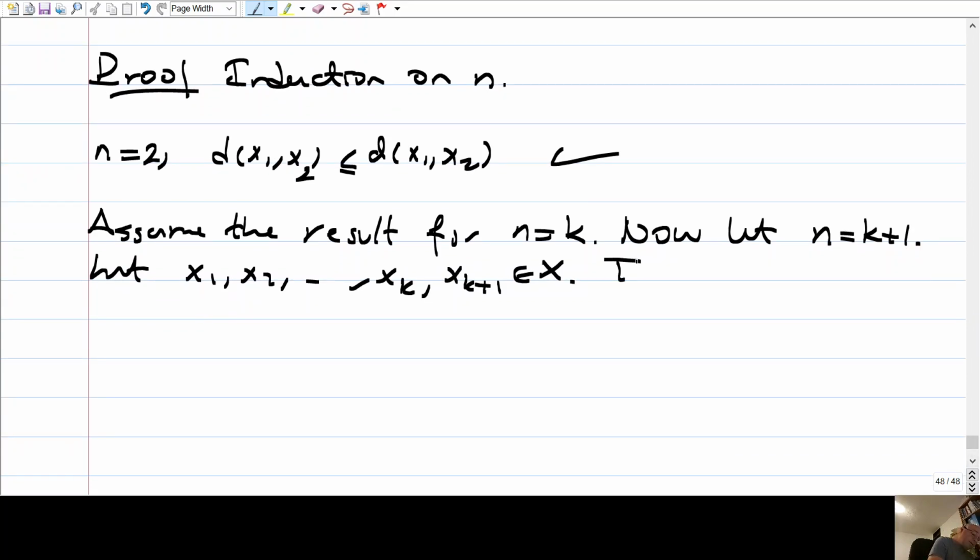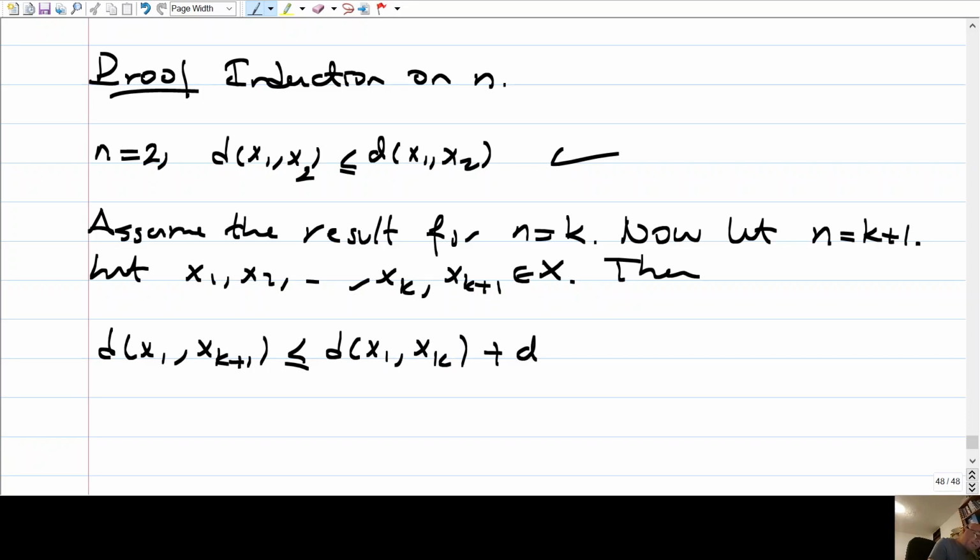Then we have what? Then the distance from x1 to, let's say, xk plus 1 will be what? Well, this will be less than or equal to the distance from x1 to xk plus the distance from xk to xk plus 1, right?